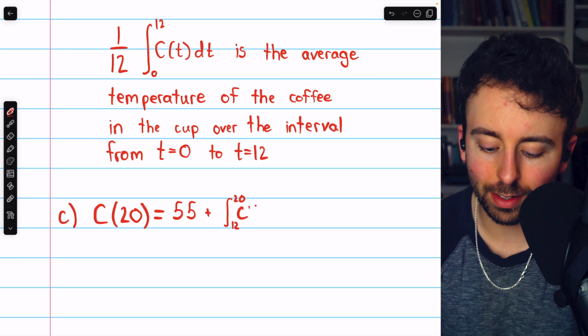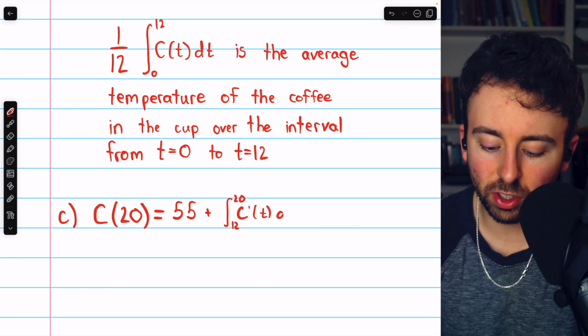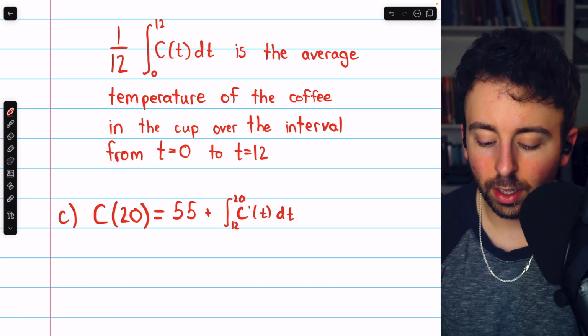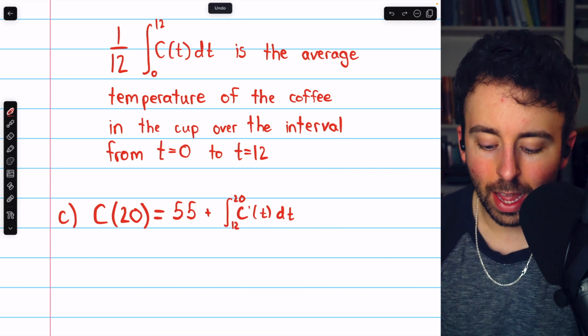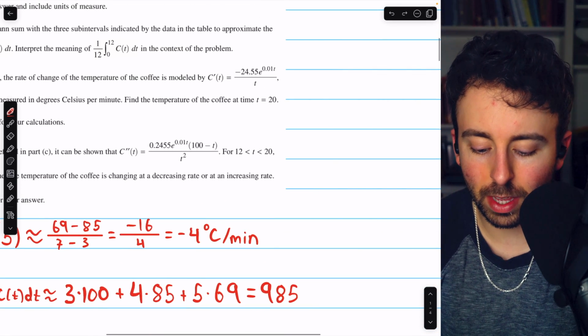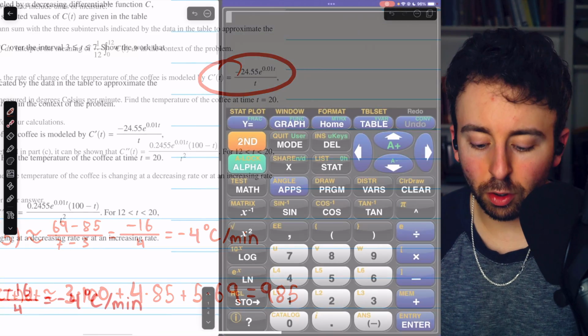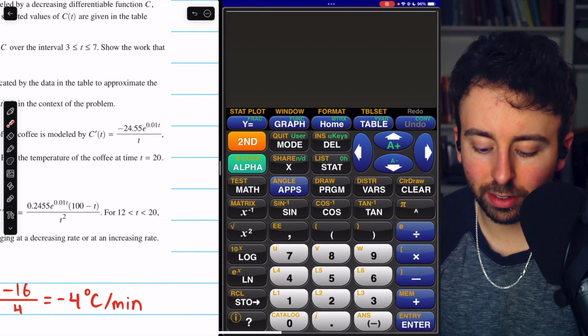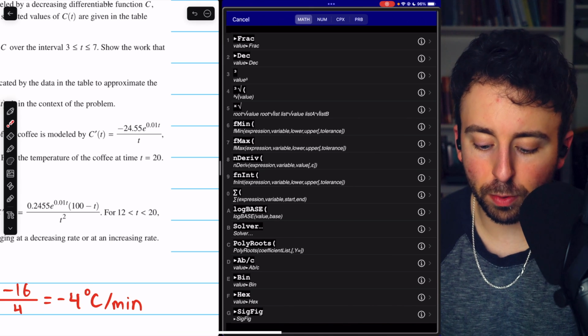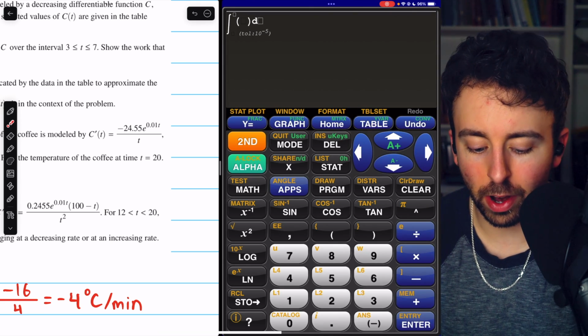We're going to integrate C prime of t, which is given to us. So we'll use a graphing calculator and integrate this given derivative from t equals 12 to t equals 20. So pulling up the graphing calculator, I'll press the math button, and then I will press option 9 for the integration function.